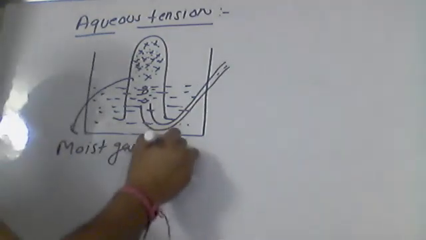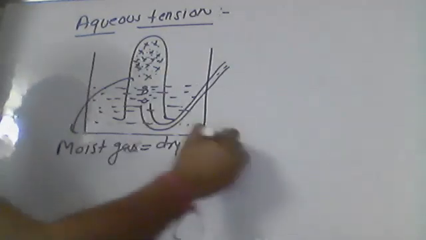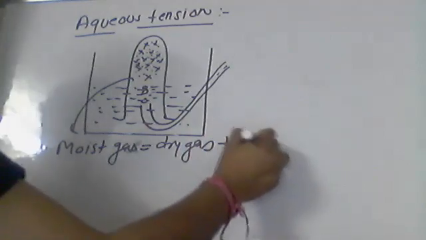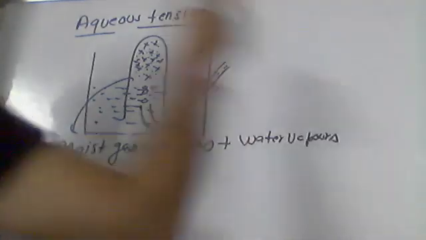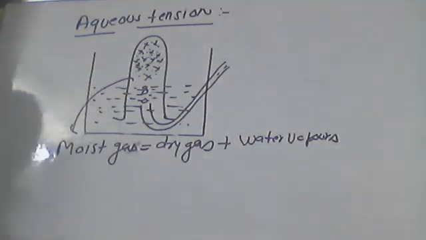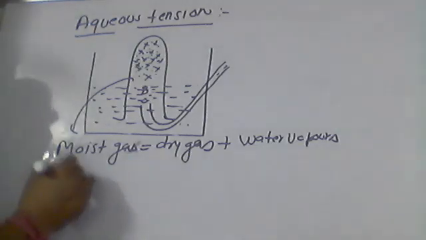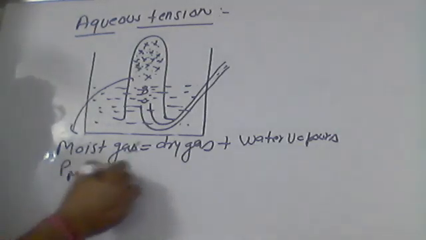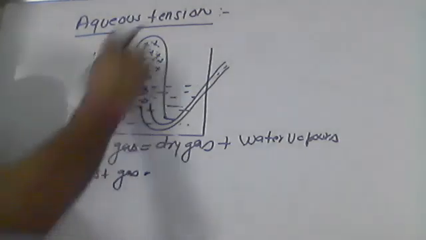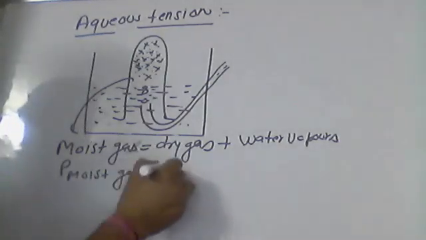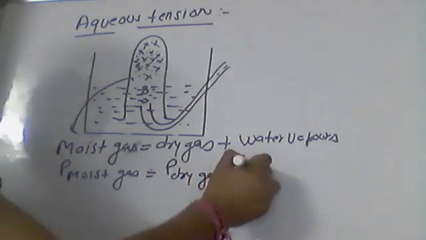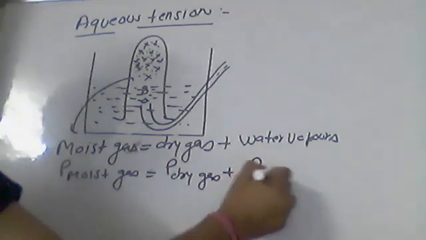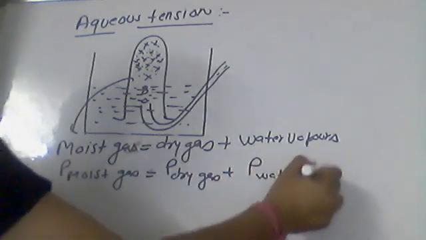Moist gas contains what? It contains dry gas, the small dots I represent, plus it contains the water vapors. Moist gas contains dry gas plus the water vapors. So the pressure of the moist gas will be equal to the pressure of the dry gas plus the pressure of the water vapors, because both are present there.